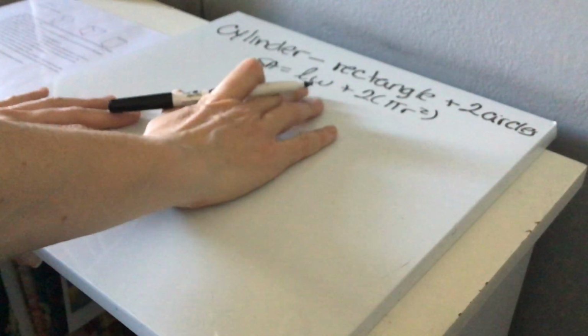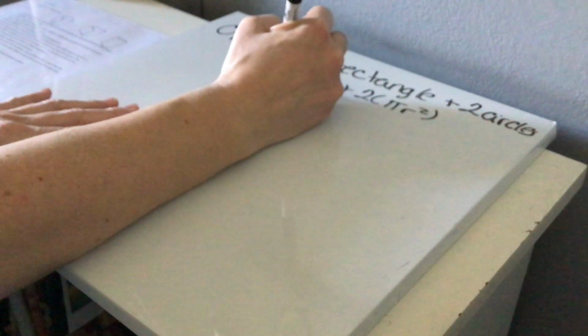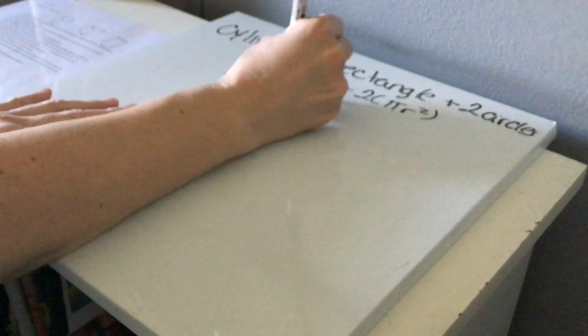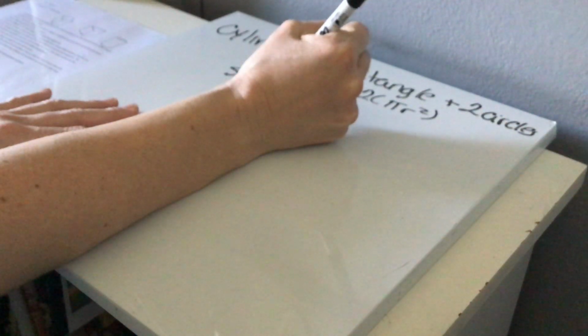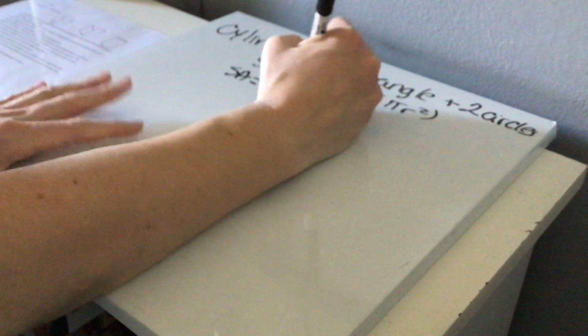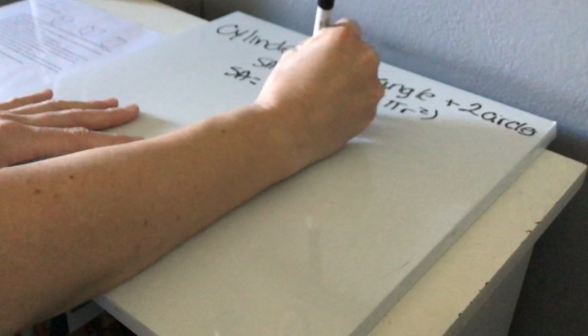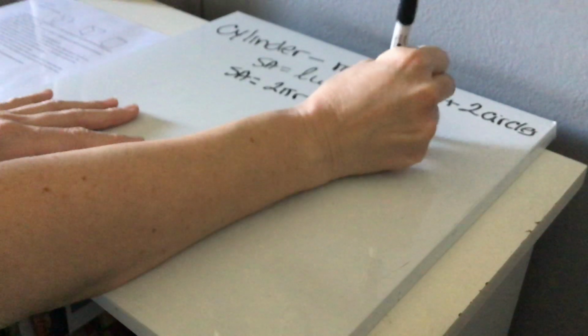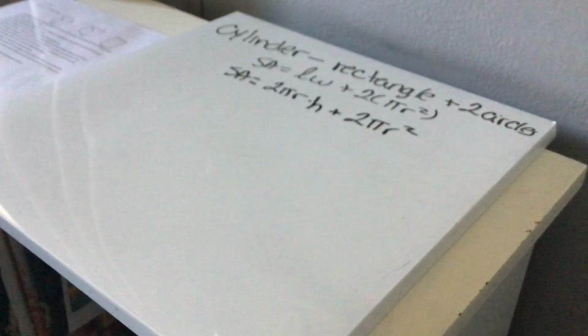The length of the rectangle is the circumference of the circle, so 2 pi times the radius. The height of the cylinder is the width of the rectangle. So 2 pi r times the height plus 2 pi r squared is how you find the surface area of a cylinder.